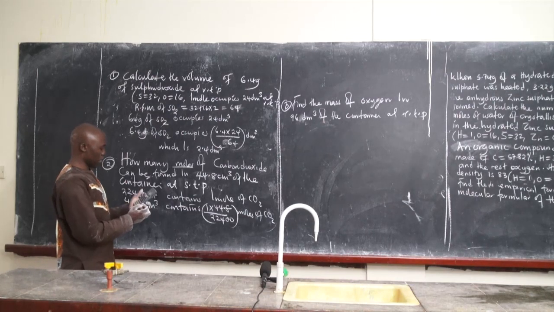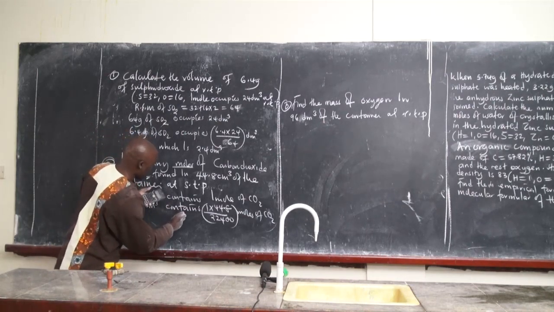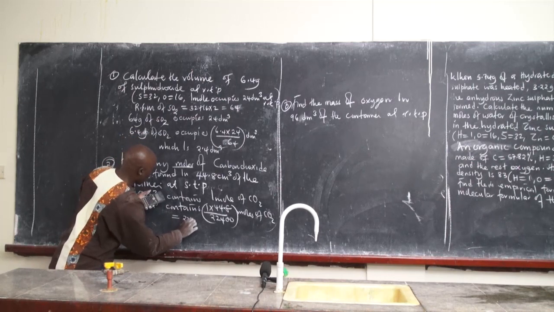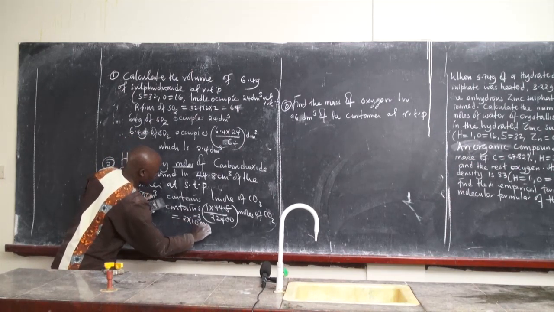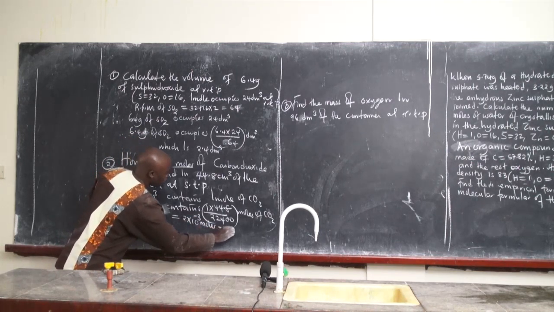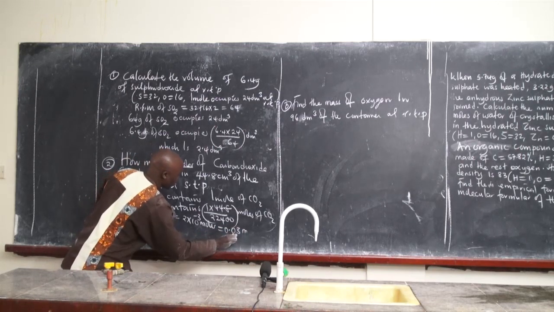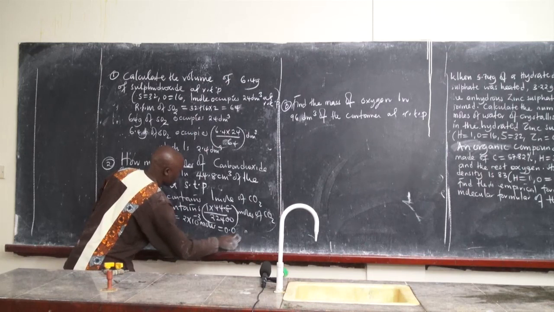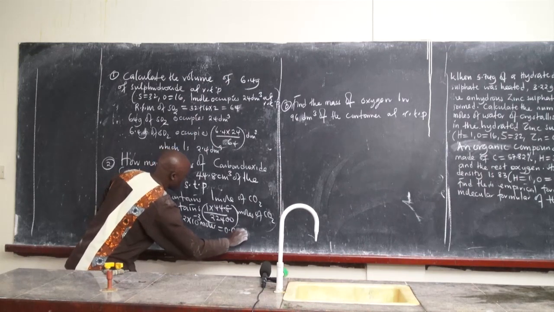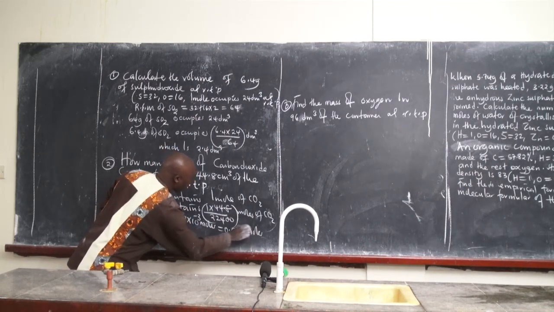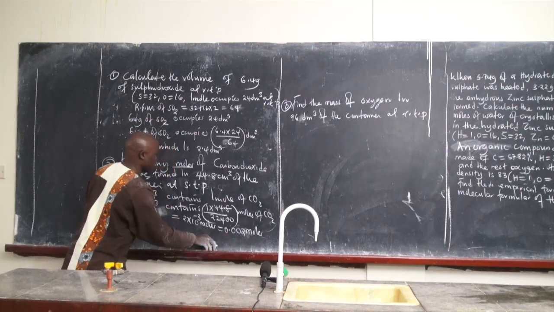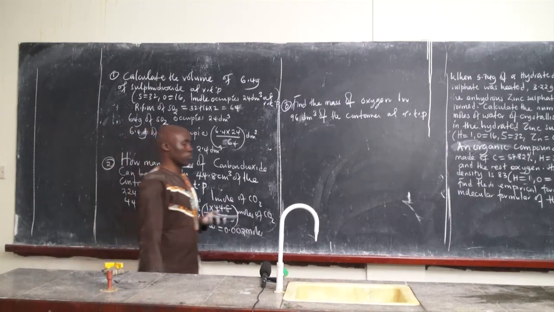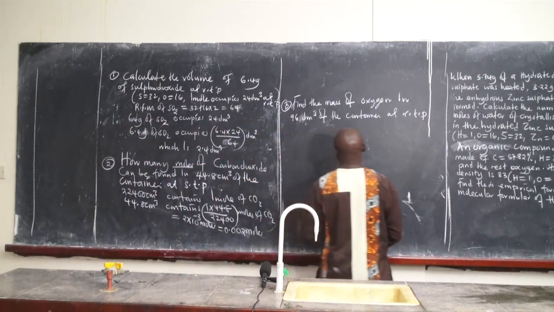That gives us 2 times 10 exponent negative 3 moles, which is 0.002 moles, because there are 3 decimal places there. So that's how you get moles from there. Let's do the last one.